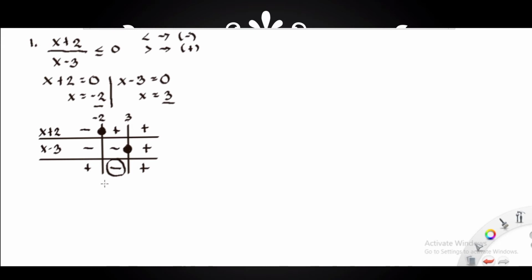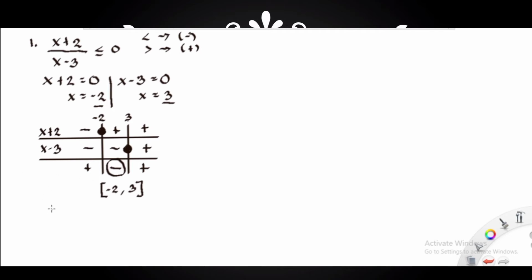So, if you're going to write the interval, gagamitin natin ang symbol na ito. Negative 2, comma, hanggang 3. And again, this is shaded, so we are going to write this symbol. Ang ibig sabihin ng symbol na ito sa interval na ito ay kasama ang negative 2 at 3 sa solutions.